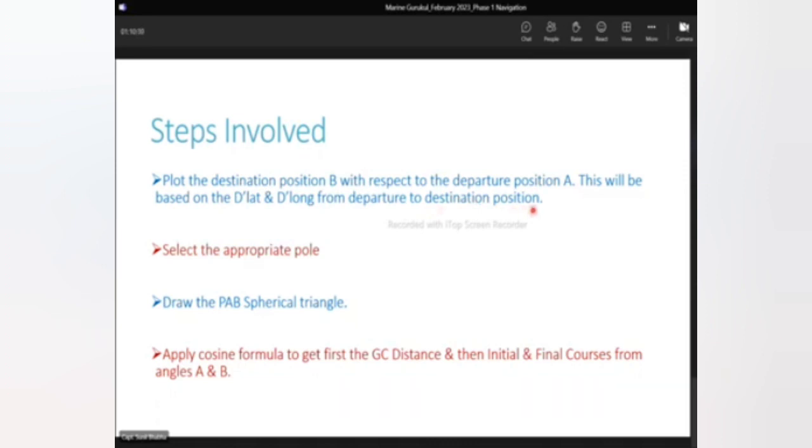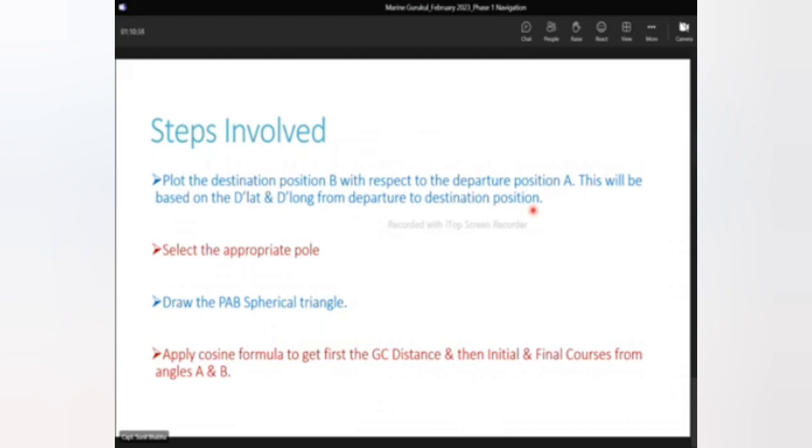So you need to be clear about the concept of how to get the D lat between two positions and how to get the D long between two positions. The name of the D lat and the name of the D long will give you an idea about the location of your final position with respect to the initial position A.